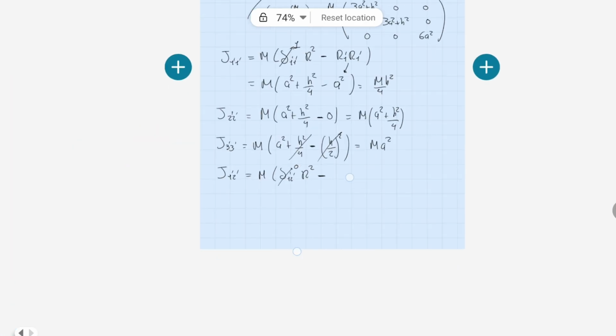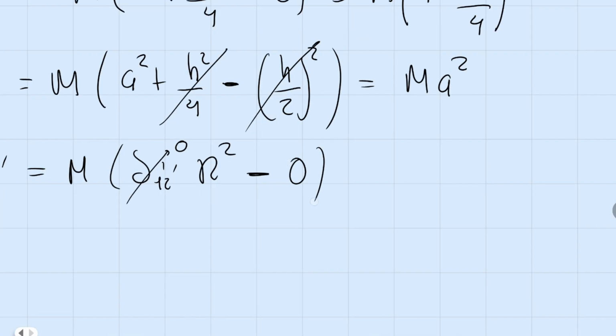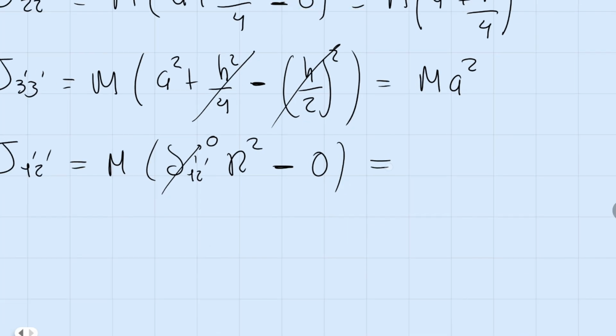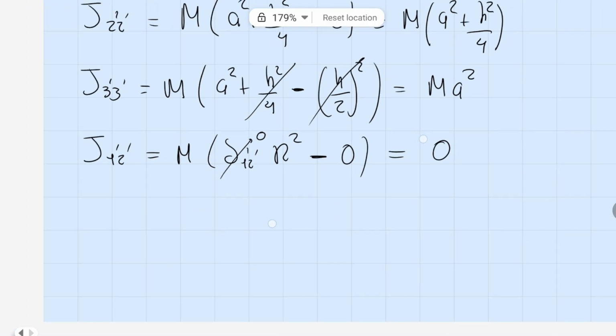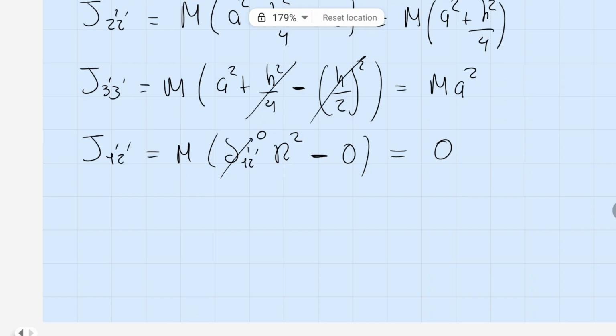So that means that we are going to get 0 here, 0 minus 0, of course, is 0. And as you can easily notice, this is going to happen again with the J23 component, because we are going to get another Kronecker delta that will be 0, and the second component multiplying here again, so this is going to be equal to 0.